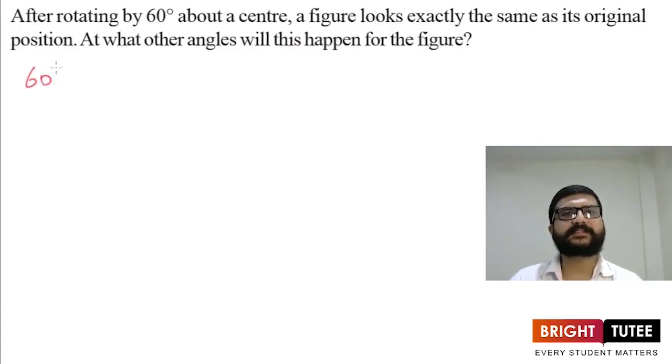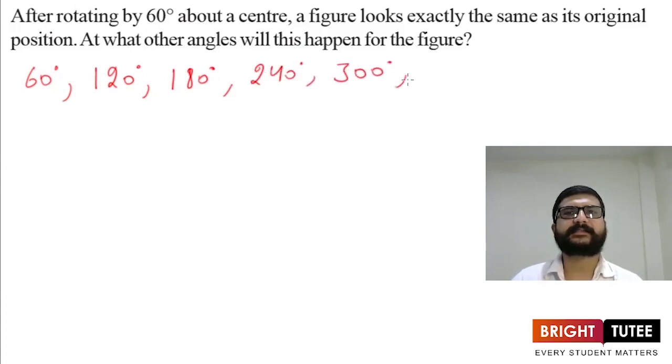So it is happening for 60 degrees and then it will happen for 120 degrees, then 180 degrees, then 240 degrees, then 300 degrees, and then obviously 360 degrees. That is, for all the multiples of 60 until 360 degrees, we are going to get the same figure again and again.